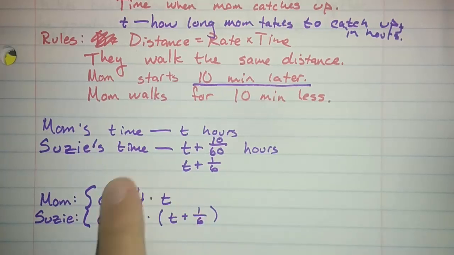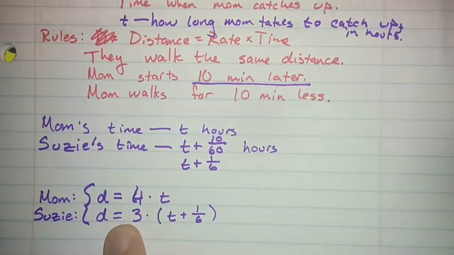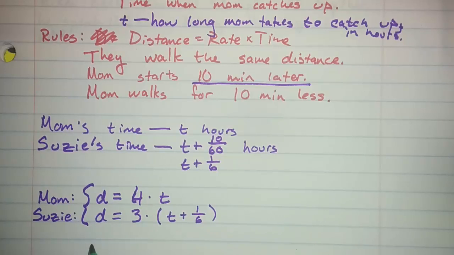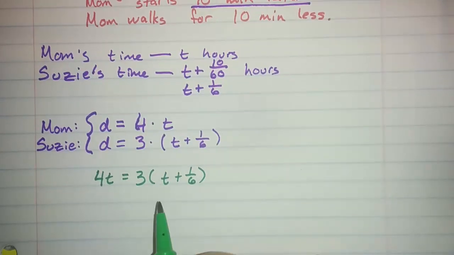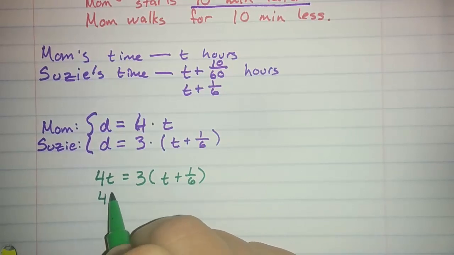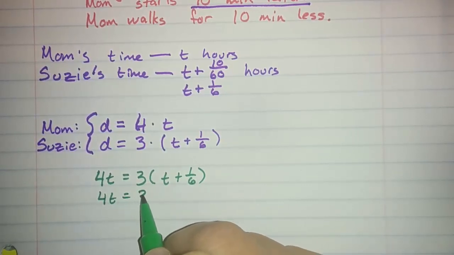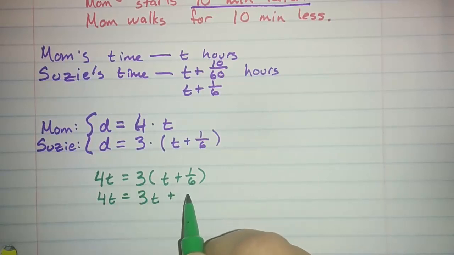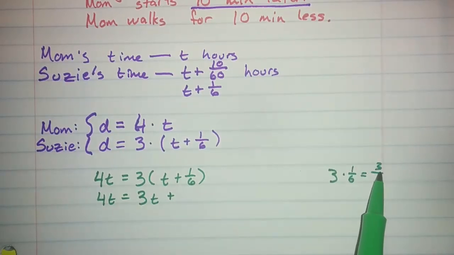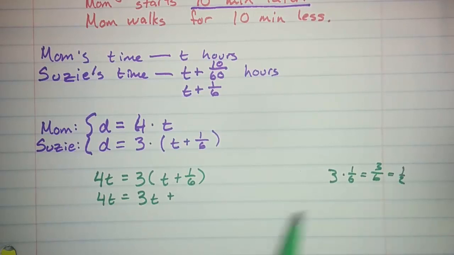Okay, I think that this is set up for a super duper easy substitution. I'm going to replace D by this thing that it's equal to, and I'll get 4T equals 3 times (T plus 1/6). Distribute to simplify, and I'll get 4T equals 3T plus 3 times 1/6, that's 3/6, which is 1/2.